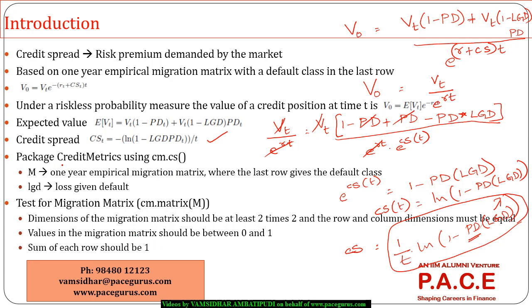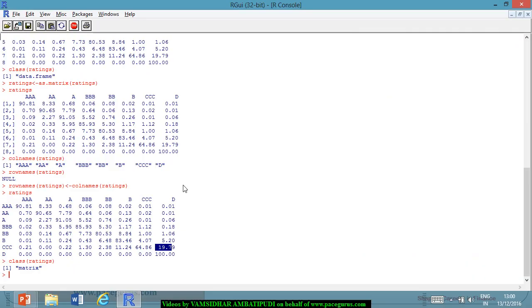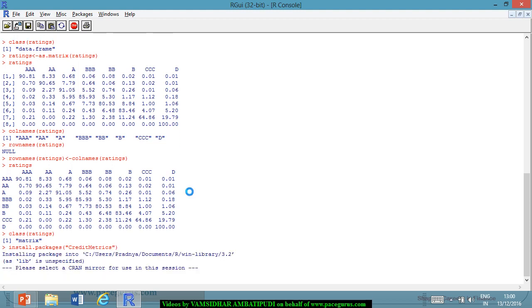For that I can use the CreditMetrics package. So let me install that package, CreditMetrics.